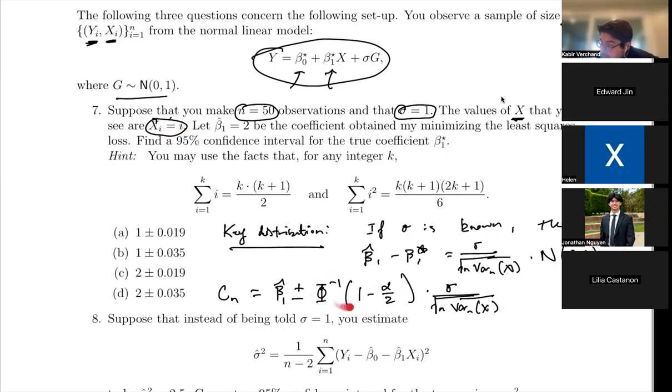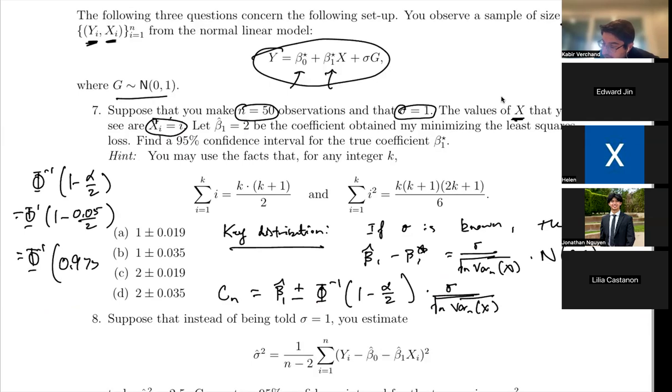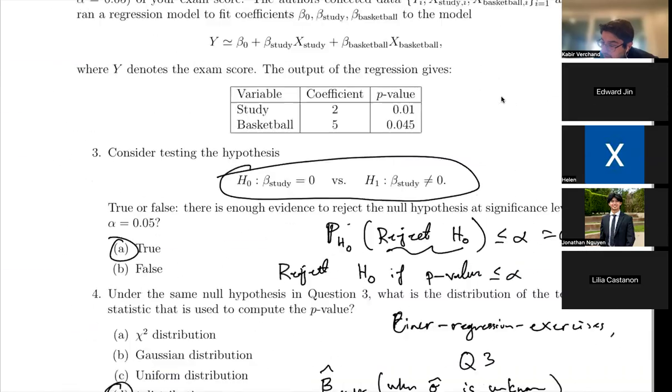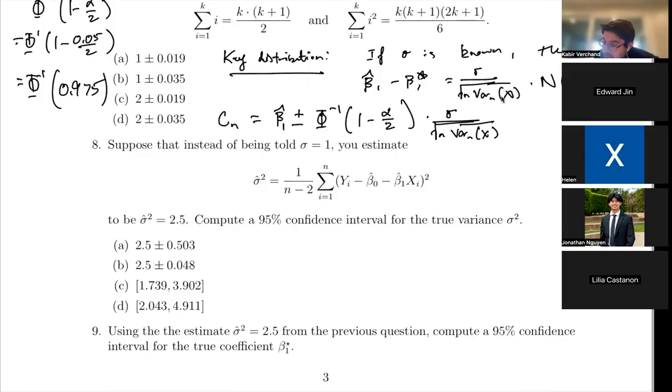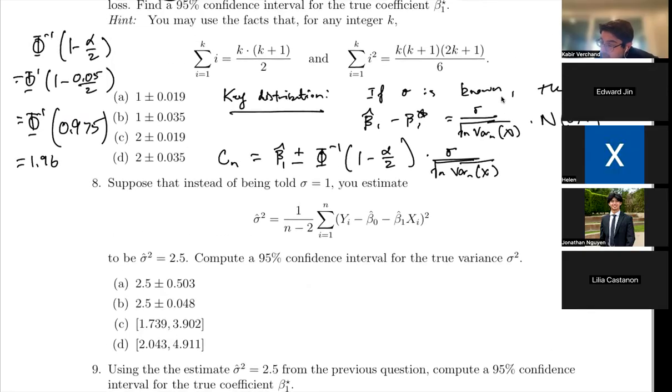So we also know this quantity, phi inverse of 1 minus alpha over 2, which is phi inverse of 1 minus 0.05 over 2, equals phi inverse of 0.975. And if we look in what we're given, it's exactly right here. It's 1.96. So we know all of these quantities except for this empirical variance. Now we just have to plug in and figure out what it is.